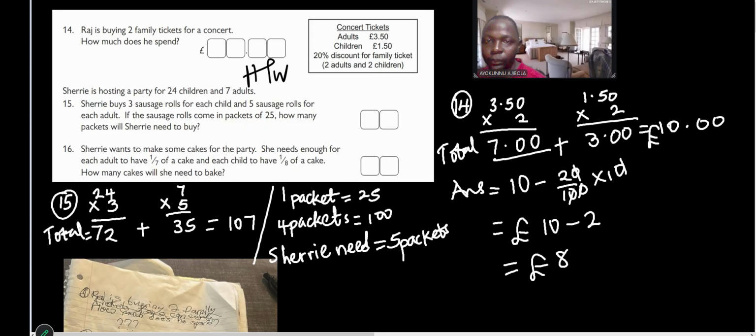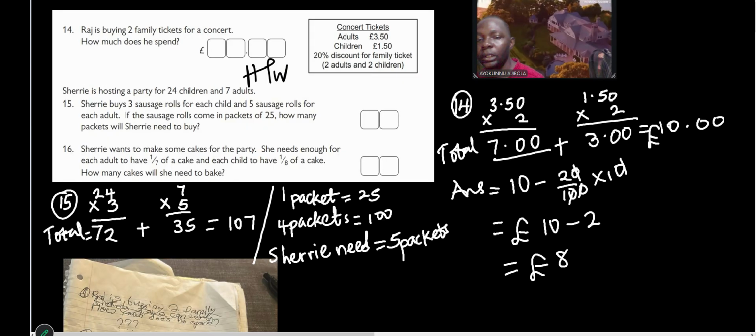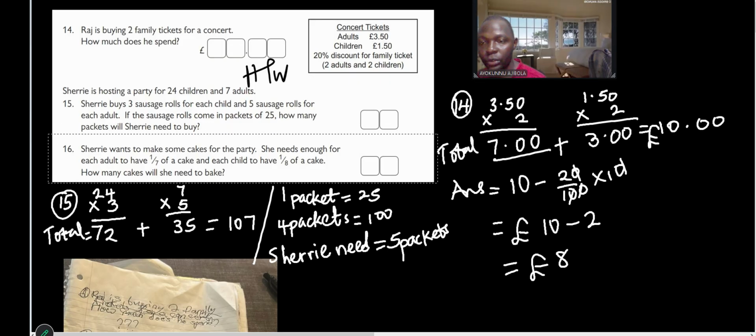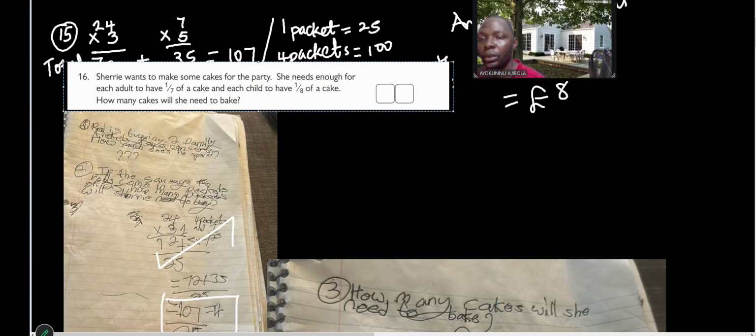Now the last one. Let me take the last one to the next page so that we can have space to look at it. The last one says Sherry wants to make some cakes for the party. She needs enough for each adult to have 1/7 of a cake, right? That is 1/7 times 7 because there are 7 adults. Then she needs each child to have 1/8.